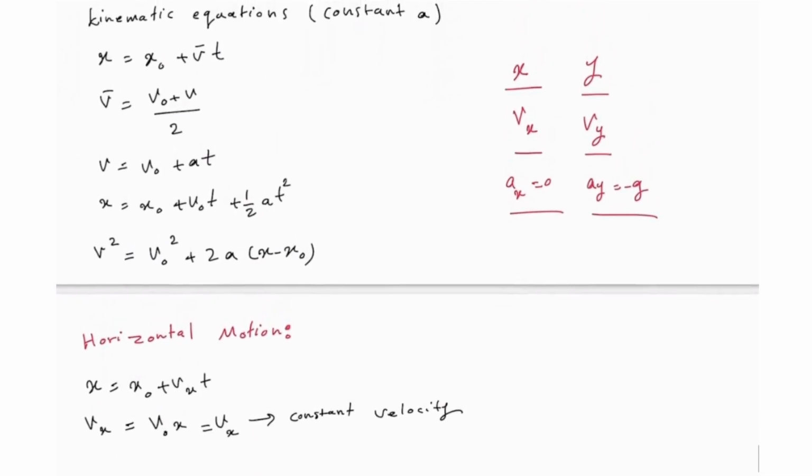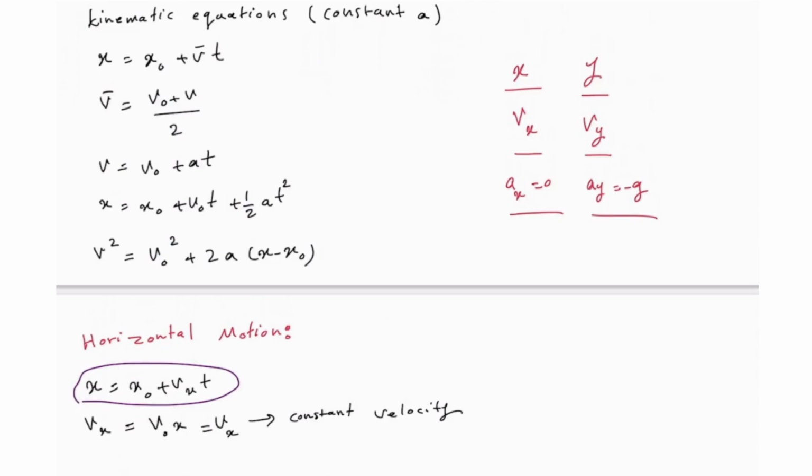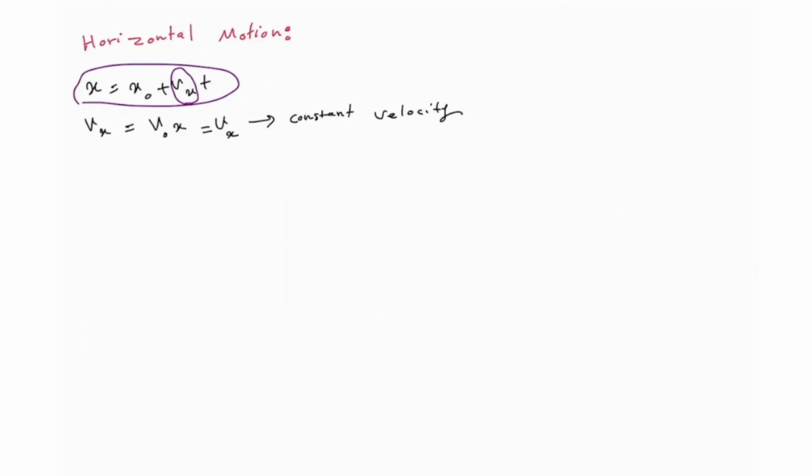Okay, so note that this equation is the same as this equation. The only difference is that v average is replaced by vx because the velocity along the x-axis is constant and it's equal to vx. Now I'm going to write down the kinematic equations for the vertical motion.